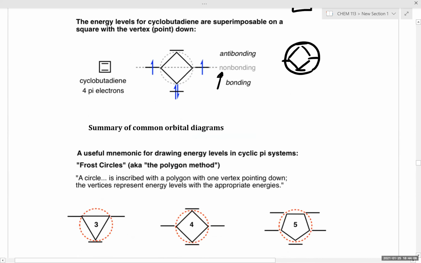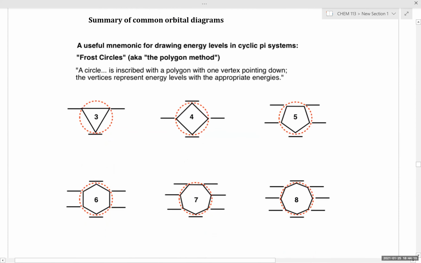Now, here's a summary of some common orbital diagrams and their corresponding Frost circle. You are not expected to memorize this. If you know how to draw a basic Frost circle, you can generate all of these orbital diagrams by hand. I'm just providing them here for your reference.